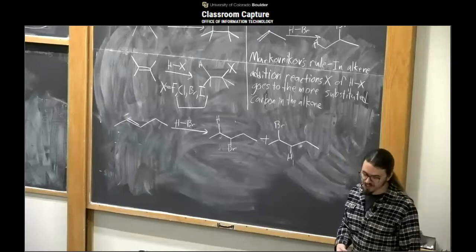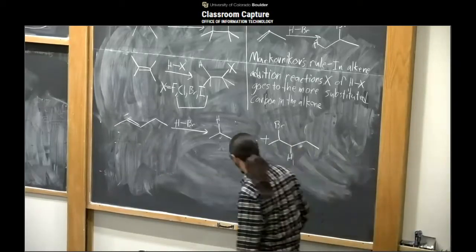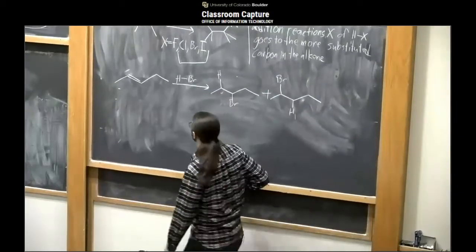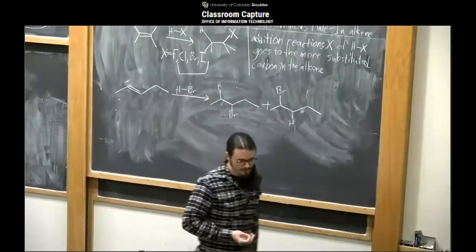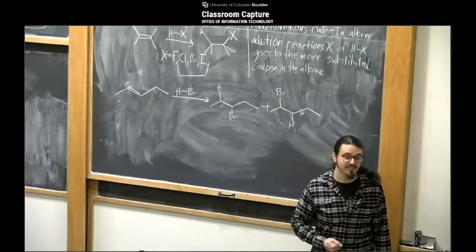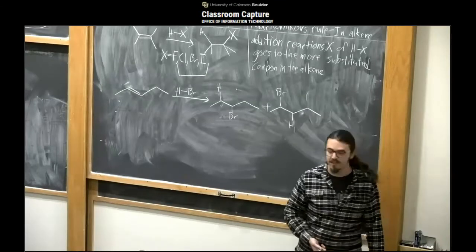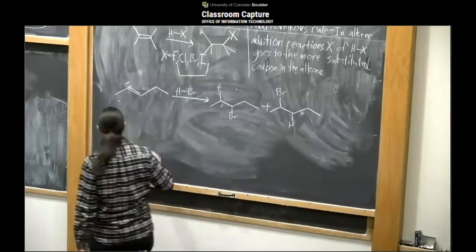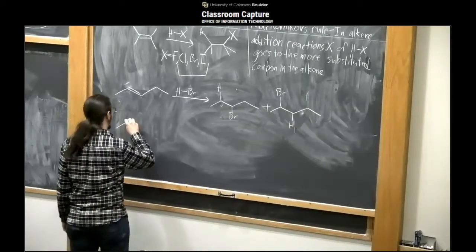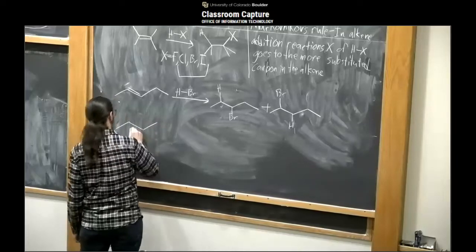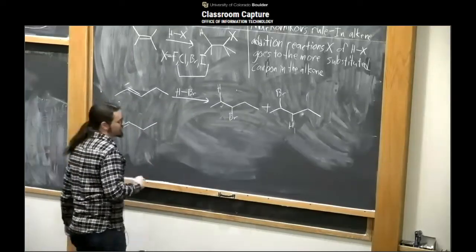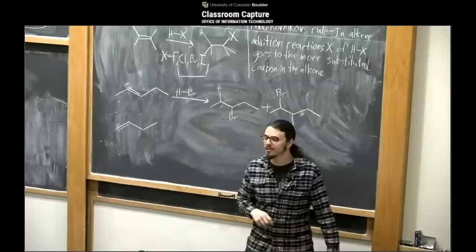So in general, when we react these alkenes with an acid, as I said before, it's going to go through a carbocation intermediate. And that carbocation intermediate is going to dictate essentially where the bromine ends up.